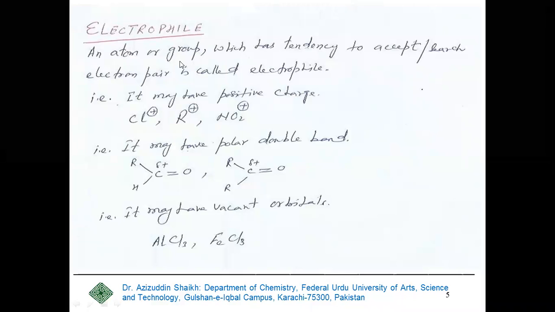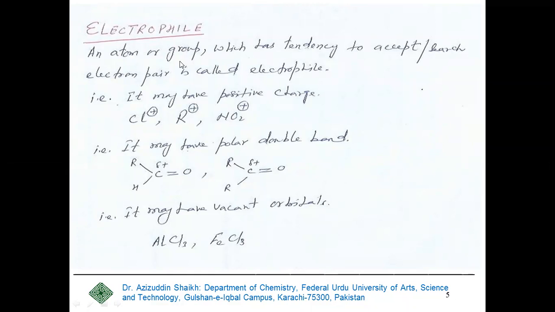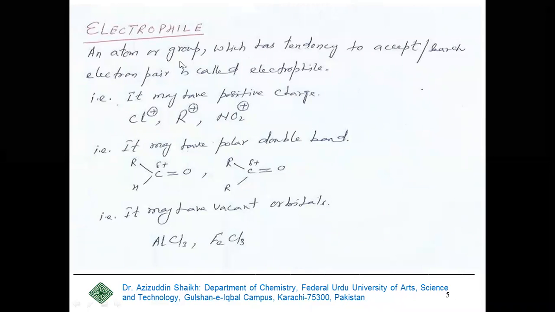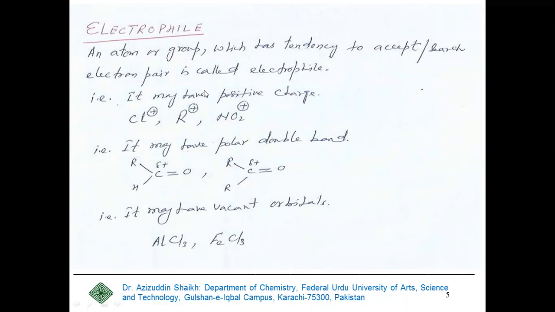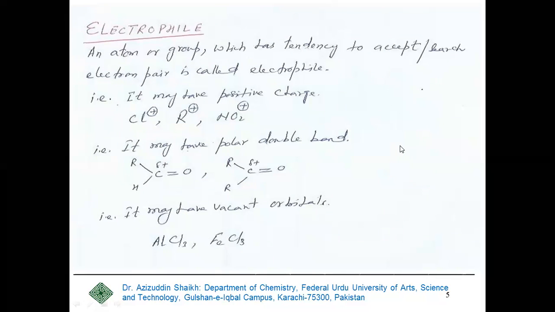OH minus is a group of atoms, while oxygen or Cl minus is only one atom. So electrophiles and nucleophiles may consist of one atom or a group of atoms, more than one atom.